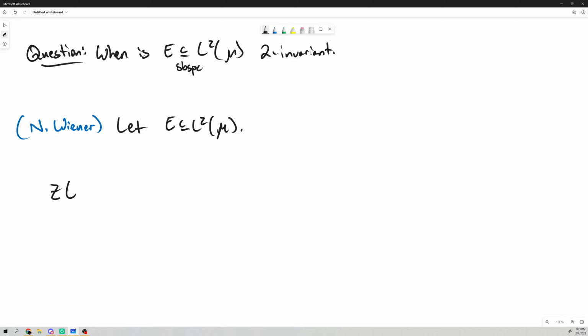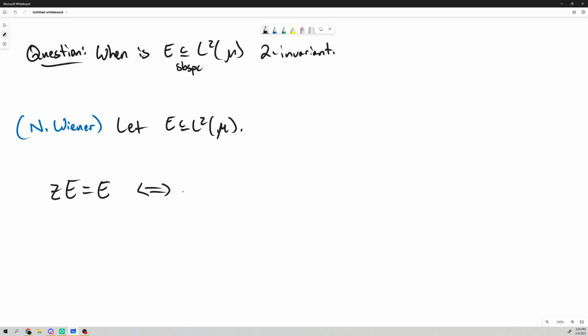Then we're going to say that E is doubly invariant, which we can compactly write this way, if and only if we can find a characteristic function over a measurable set that when that characteristic function is applied to L2, we get E. Let me say that again. E is going to be doubly invariant if there is a unique measurable set such that the image of the characteristic function of that set as it acts on L2 is precisely E.